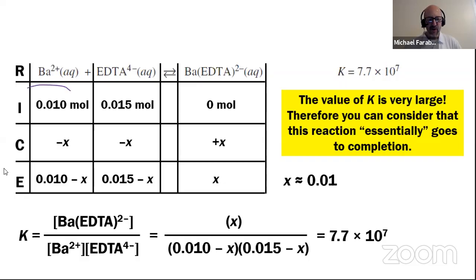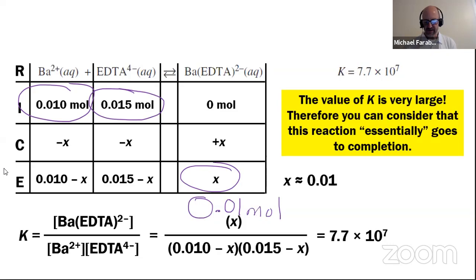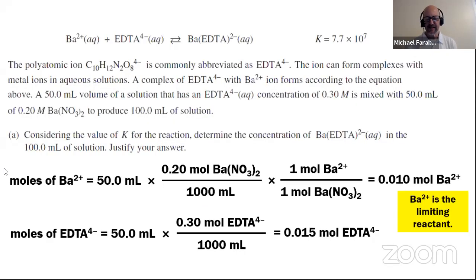You're going to run out of barium before you run out of EDTA because 0.01 is less than 0.015. So the reaction essentially goes to completion, producing 0.01 moles of the product. Okay, so barium is the limiting reactant. And so there's a 1-to-1 mole ratio between reactant and product. So the limiting reactant determines how much you produce.